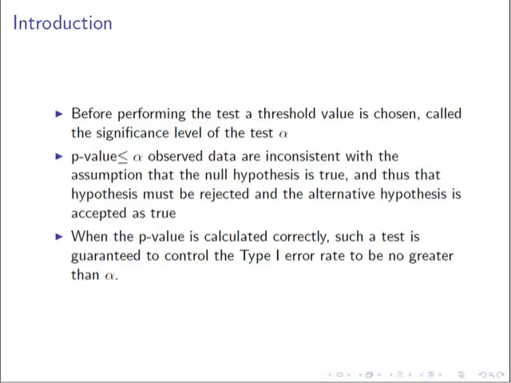If the p-value is equal to or smaller than the significance level alpha, it suggests that the observed data are inconsistent with the assumption that the null hypothesis is true, and thus the hypothesis must be rejected, and the alternative hypothesis is accepted as true. When the p-value is calculated correctly, such a test is guaranteed to control the type 1 error rate to be no greater than alpha.